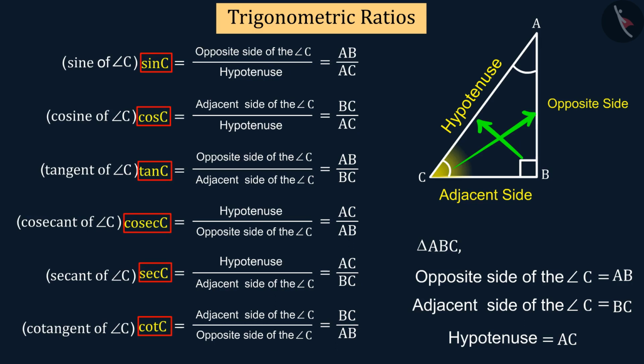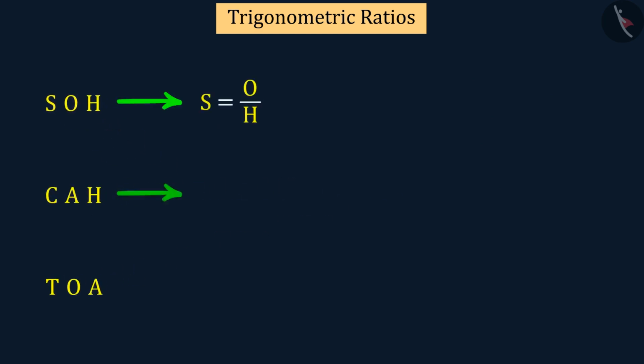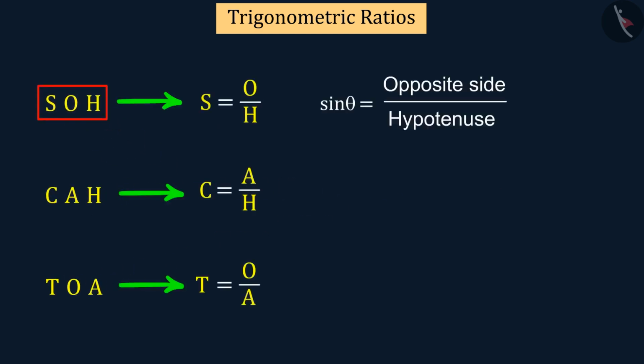In an easier way, you can remember these trigonometric ratios like SOH, CAH, TOA, which we can write like this, wherein SOH, S means sine, O means opposite side, and H means hypotenuse.